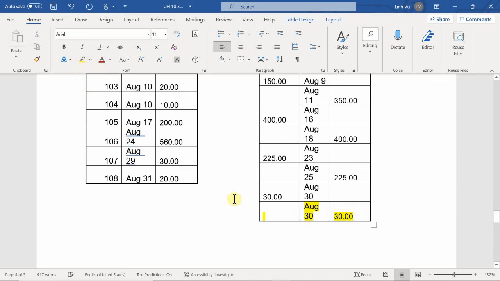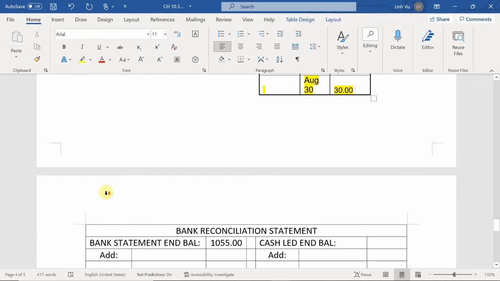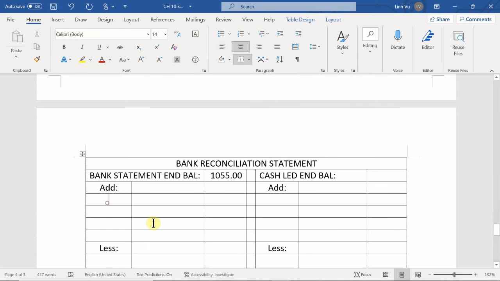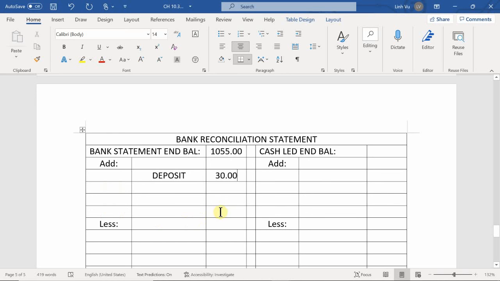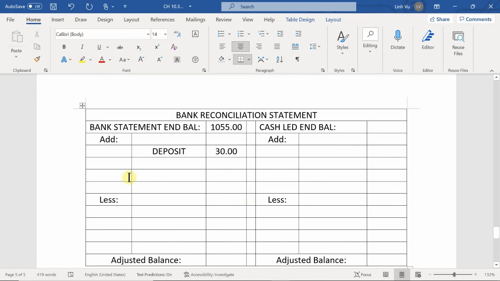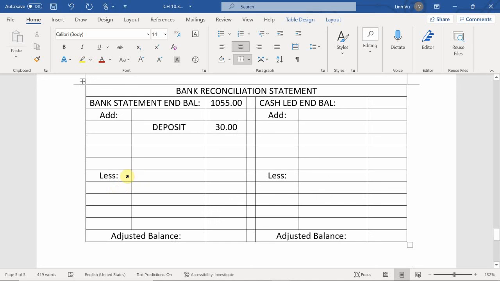In this case, I'm missing my $30 deposit, so I'm going to put here deposit, and it was for $30. Okay, so that's what you're going to add. If you want to, you can calculate that right now, but it's much easier if you just do it all in one go. Now, what do we need to subtract?